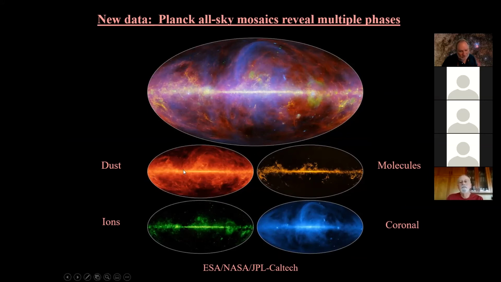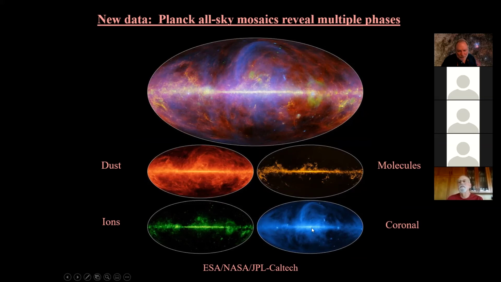The dust from those around 350 microns. The molecules, I think it's associated with the carbon monoxide molecule, CO. The ions, which is at a fairly long wavelength, low frequency, and that's why it looks a little fuzzy. The angular resolution isn't as good, but definitely worthwhile data.